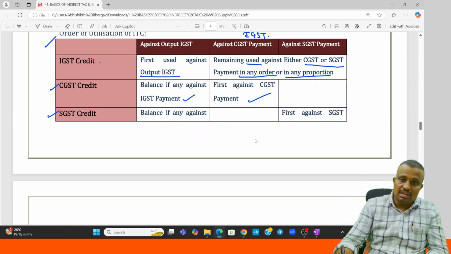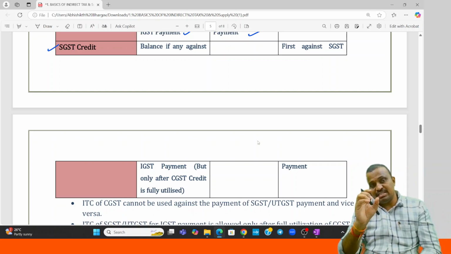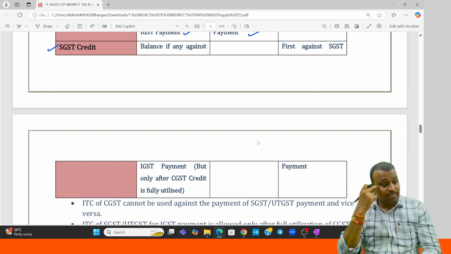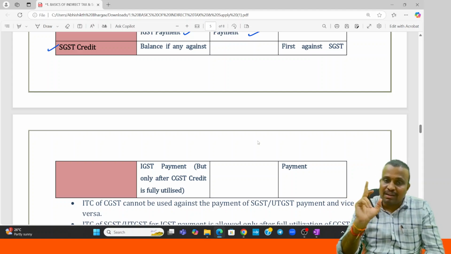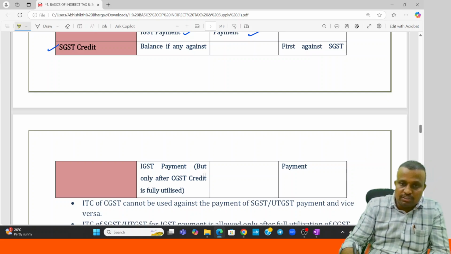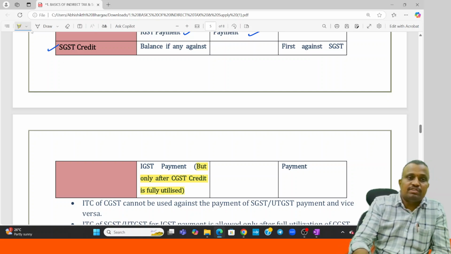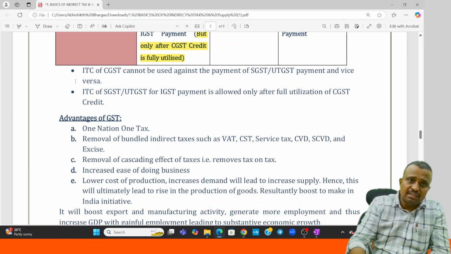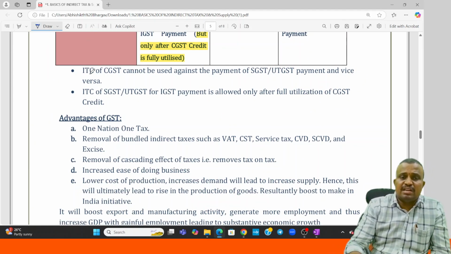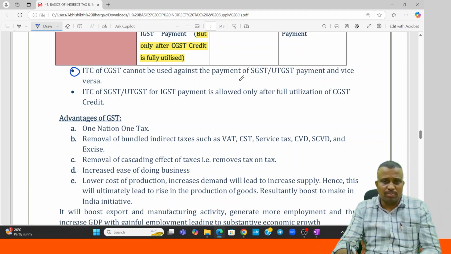And remember, coming to input SGST against output IGST, input SGST can be used against output IGST only after complete utilization of CGST credit. Okay. And remember, CGST and SGST cannot be adjusted against each other because both belong to different governments.